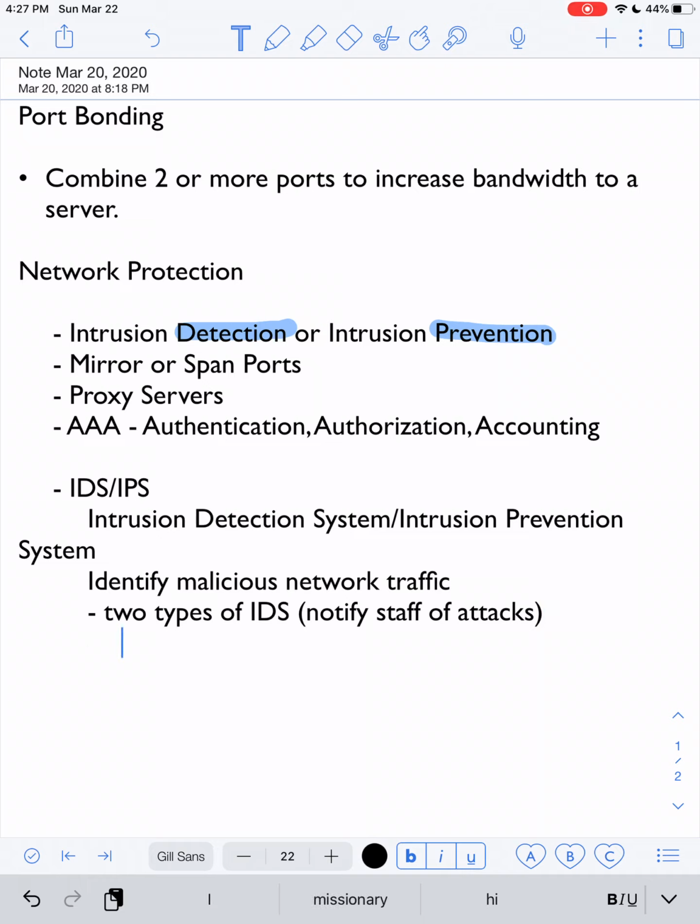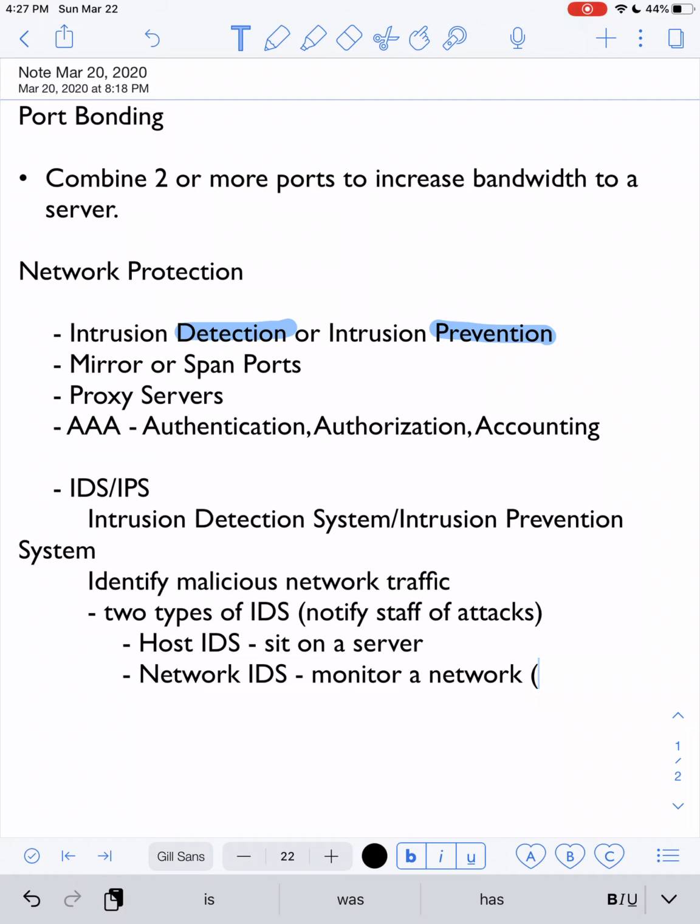And the two types we have are a host intrusion detection system. These actually sit on a server. And then the last one is a network IDS, and these actually monitor a network.